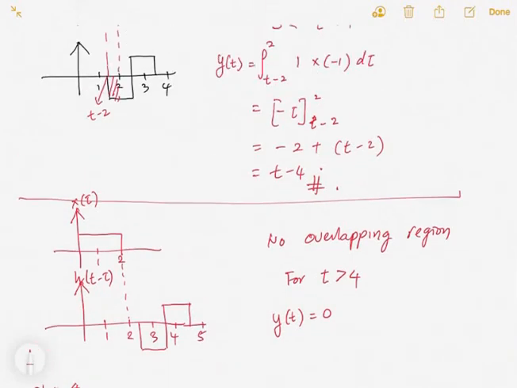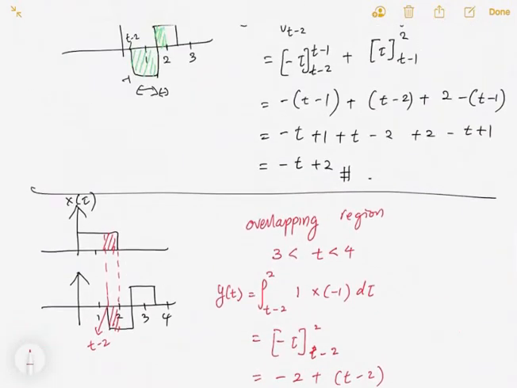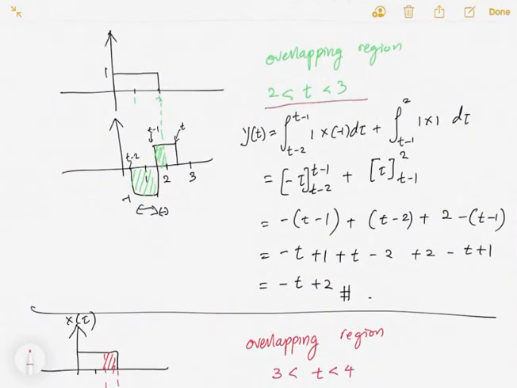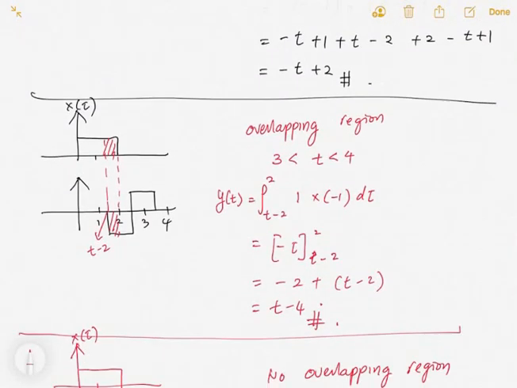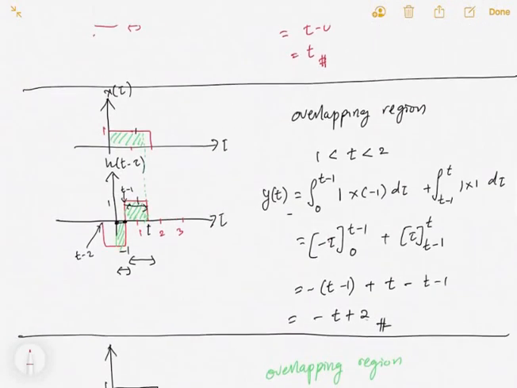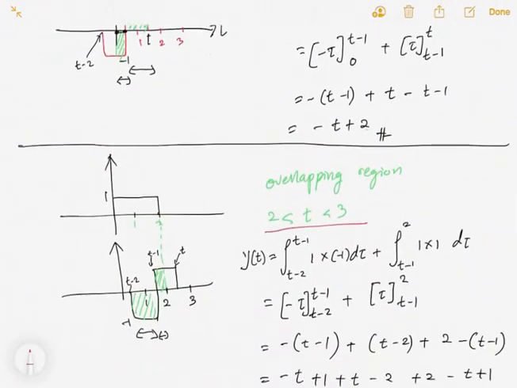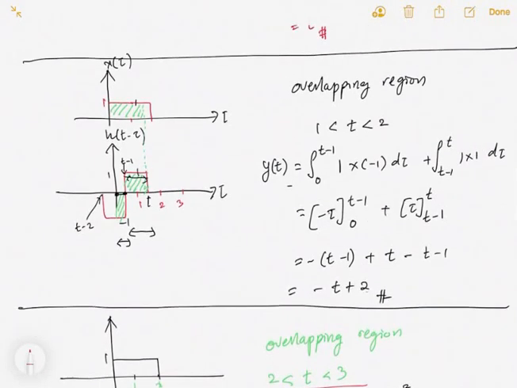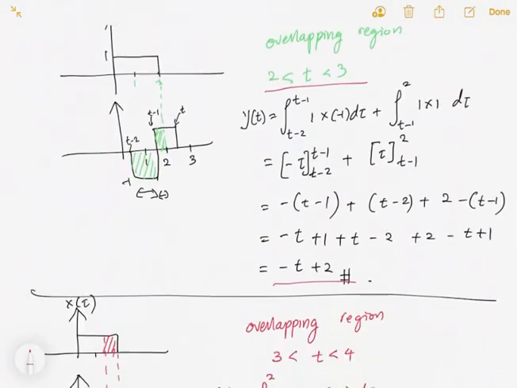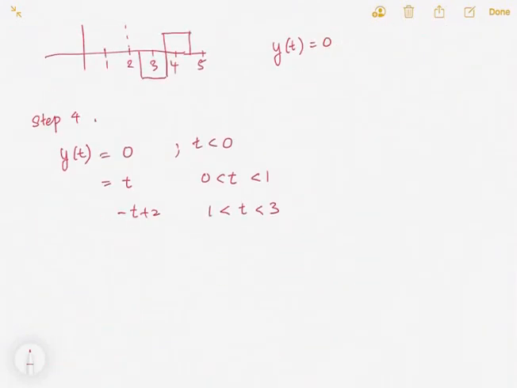If you see that from 2 to 3, you get negative t plus 2. Okay? For 1 to 2, you get negative t plus 2 again. So I just simplified that from 1 to 3, you get negative t plus 2.